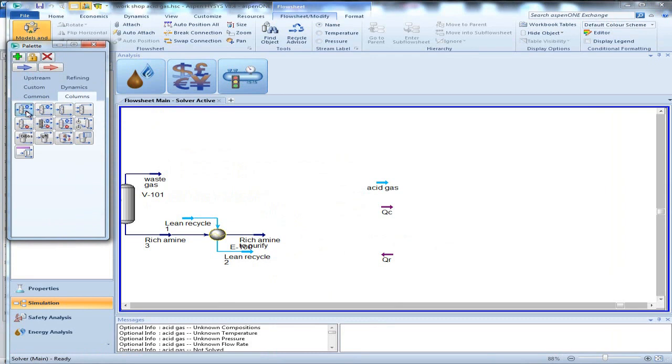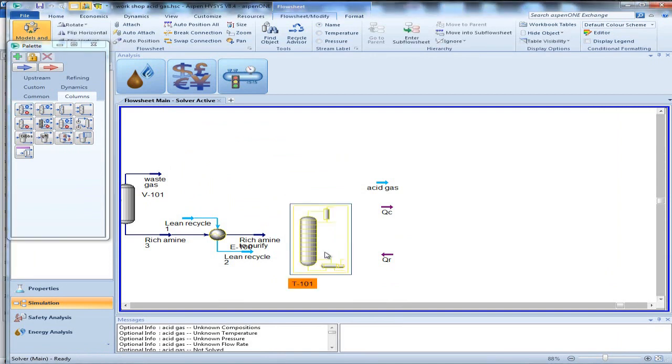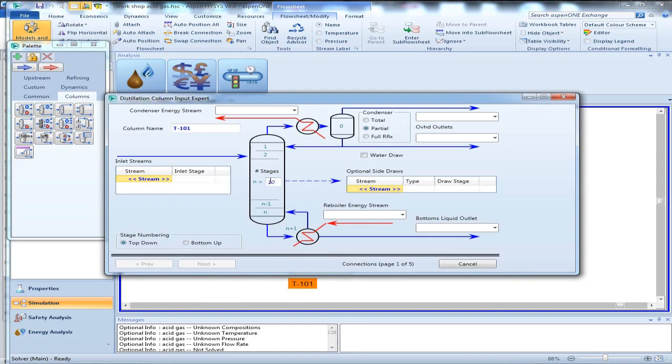What we're going to use is this distillation column, and what I forgot to tell you is that the number of stages is about 18, plus the condenser and reboiler will be totally 20.